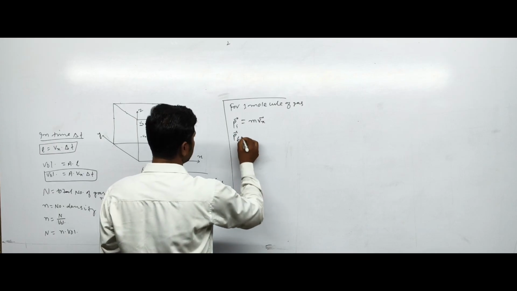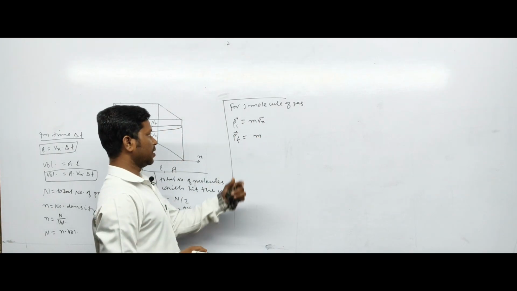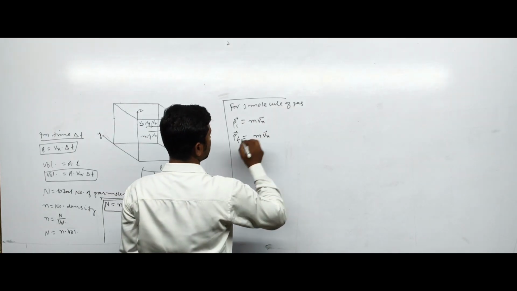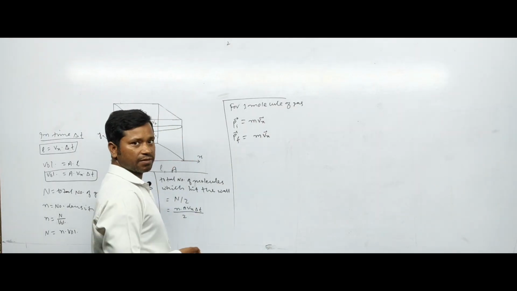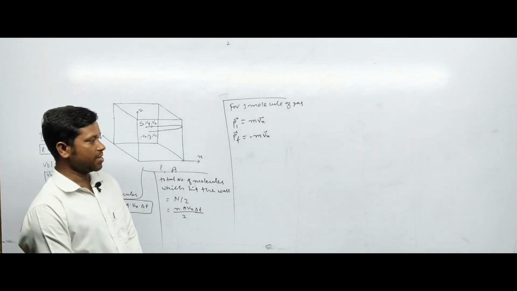For the final momentum, the mass cannot change, that is m, and the speed is also the same, but the direction is reversed. That's why we put a minus over here.